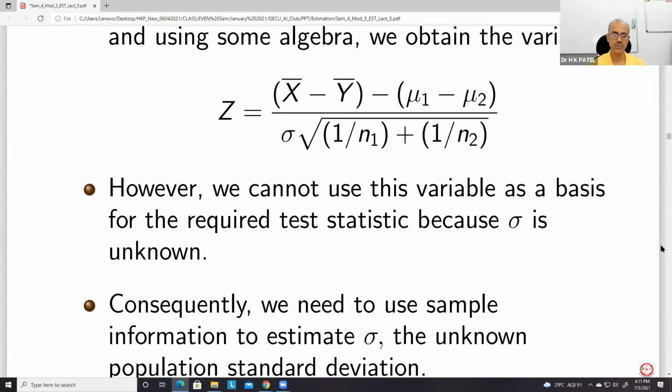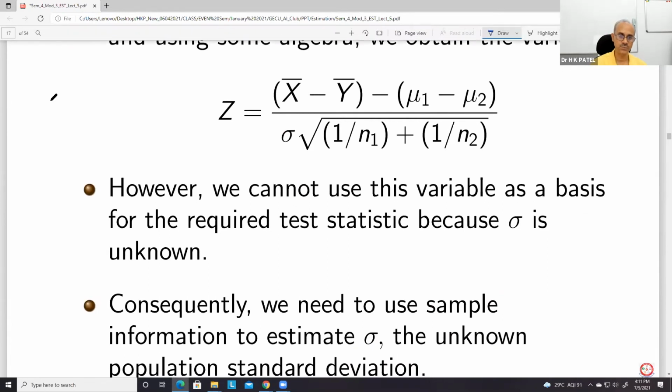We have two samples actually, and therefore we have S1 square, the variance of the first sample, and S2 square, the variance of the second sample. We also know that the number of elements in the first sample is N1 and in the second sample is N2. We use these four numbers to find the approximate value of sigma.